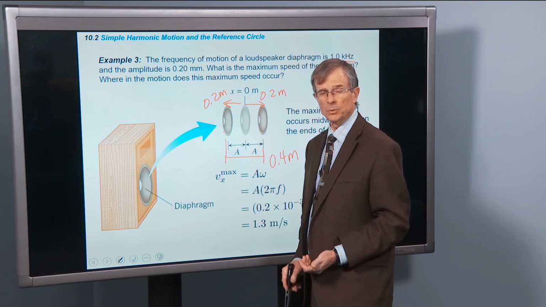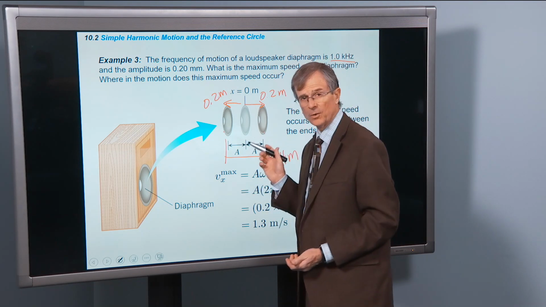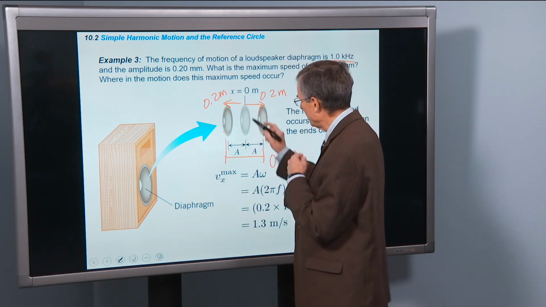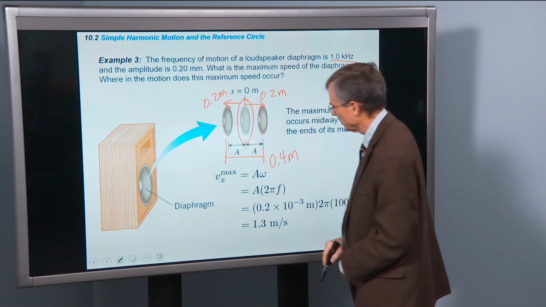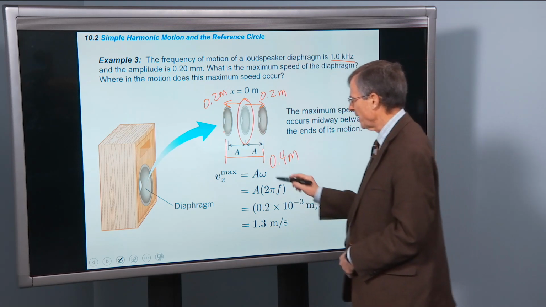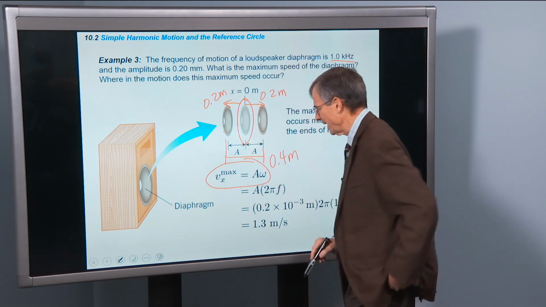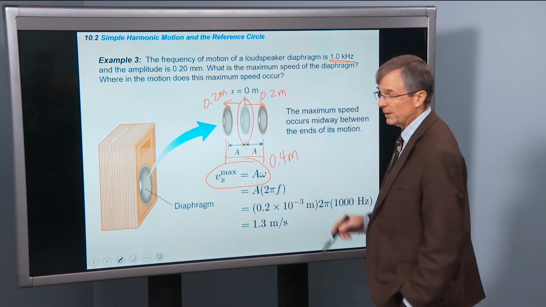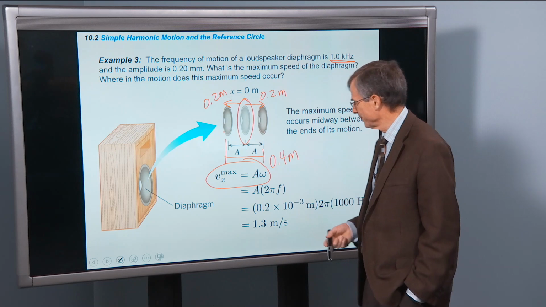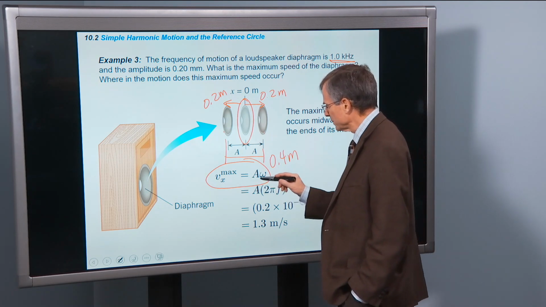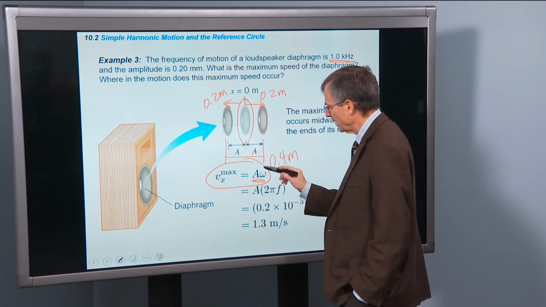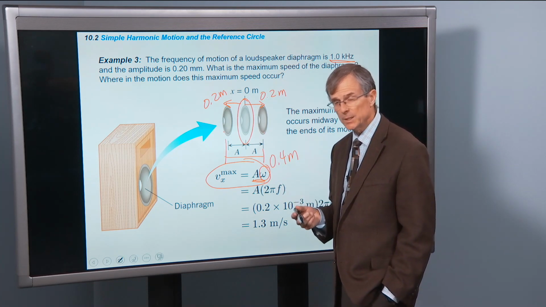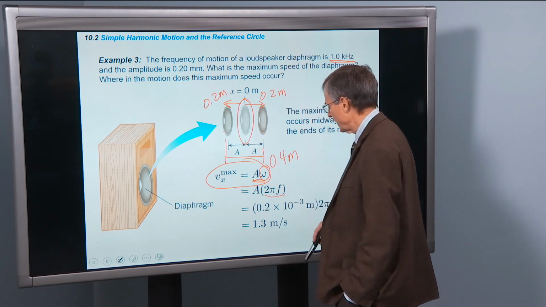You say, no, the speed's 0 out there. It stops here and then turns around in both places. So the maximum speed is going to occur at that center point. And the maximum speed is just what we talked about, A times omega. We have the regular frequency measured in hertz, but to get the maximum speed we need the angular frequency omega. It's measured in radians per second, but that's just 2 pi f.